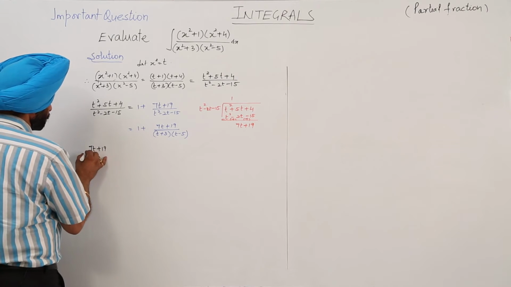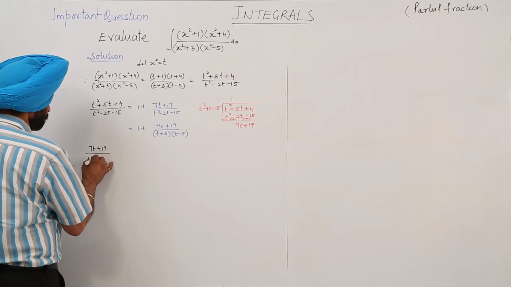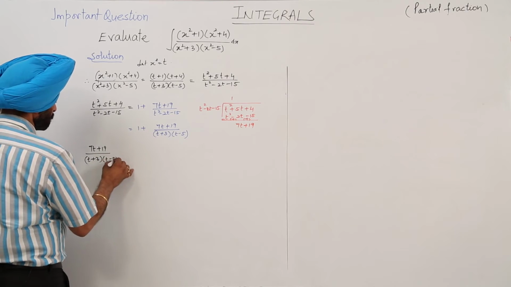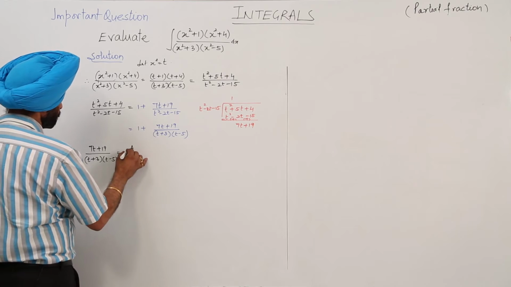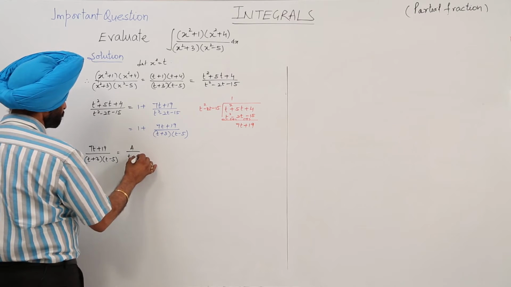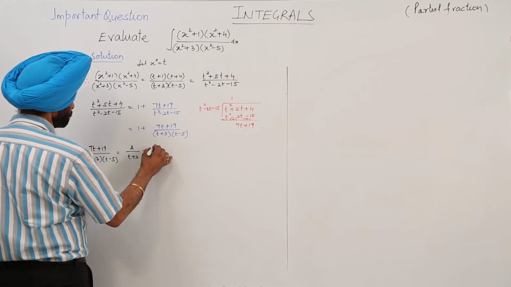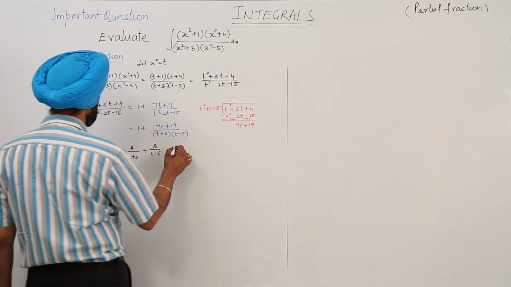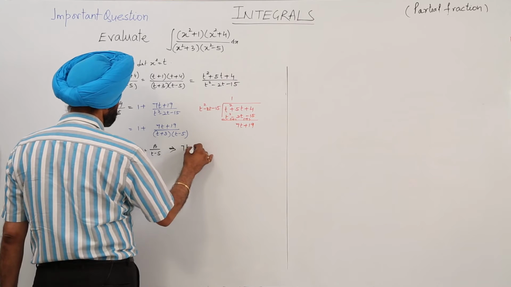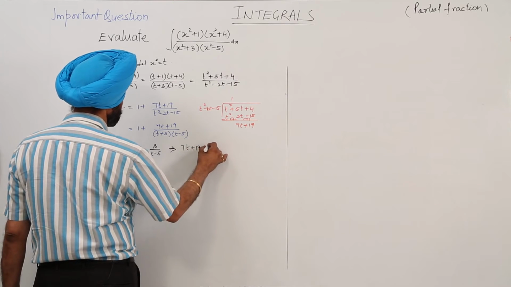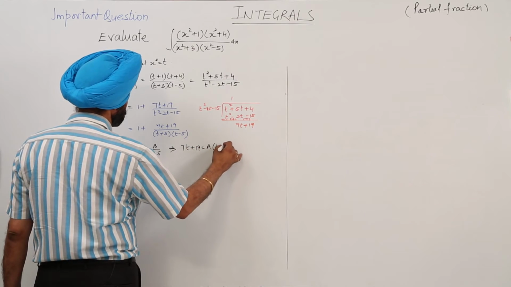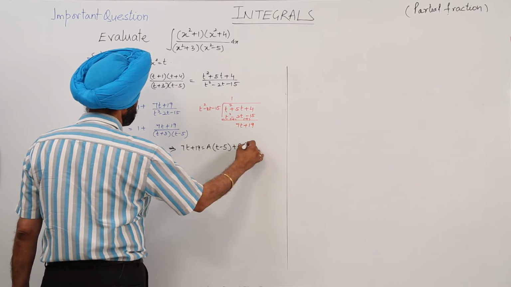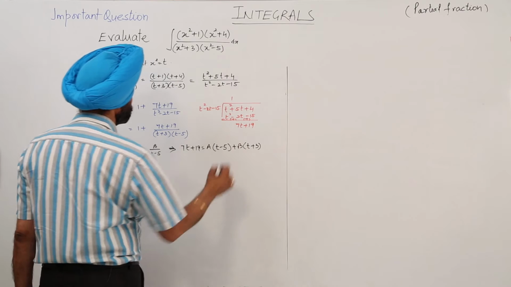Now, (7t plus 19) upon (t plus 3)(t minus 5) can be written as a upon t plus 3 plus b upon t minus 5. Now, this implies 7t plus 19 is equal to a(t minus 5) plus b(t plus 3).